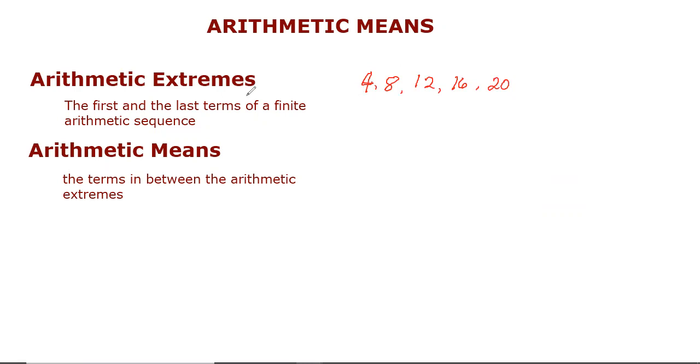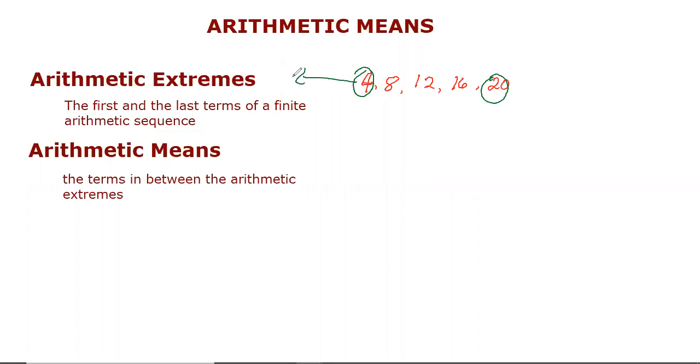So when we say arithmetic extremes, the first and the last terms, we have 4 and 20 as our arithmetic extremes. Yan po ang tinatawag nating arithmetic extremes, the first and the last terms.